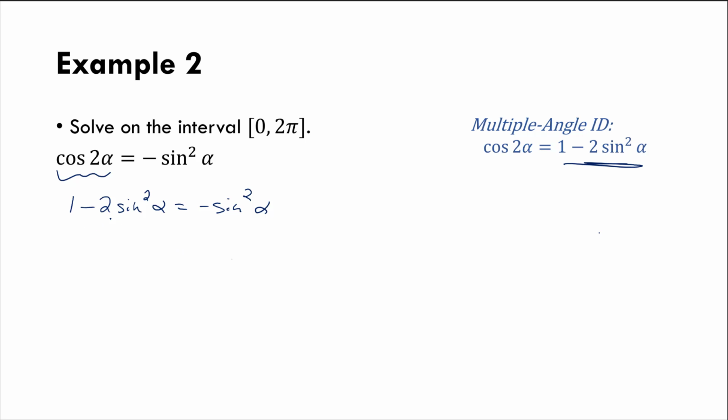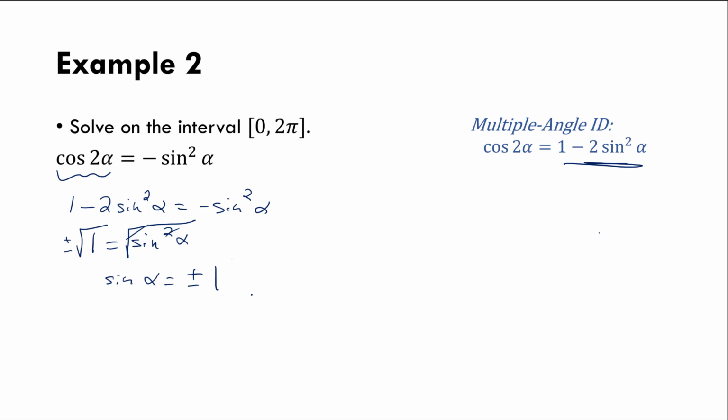Okay, so I'm going to go ahead and move all my sine squared alphas to one side of my equation. So I'm going to add 2 sine squared alpha here. That leaves me with 1 is equal to positive sine squared alpha. Okay, if I take the square root of both sides, got to have my plus or minus. Okay, my square root and my square cancel out. I'm left with sine of alpha is equal to plus or minus 1.